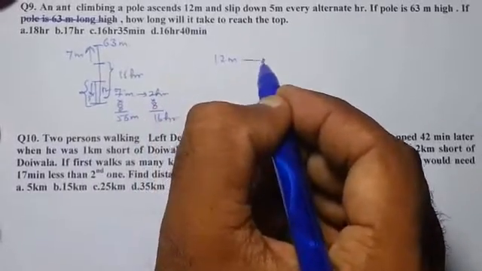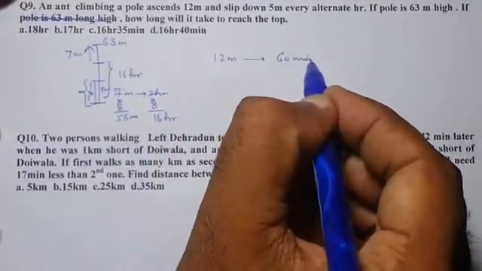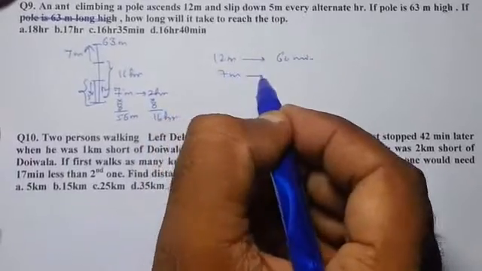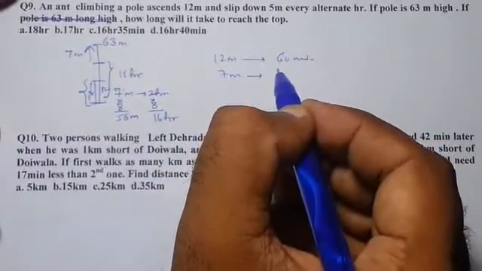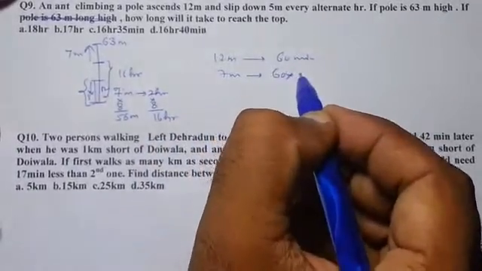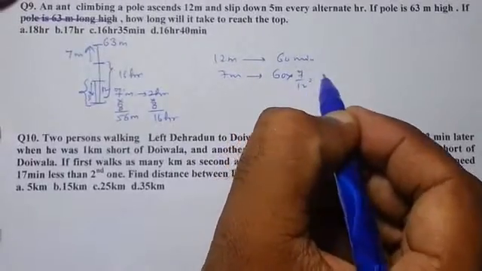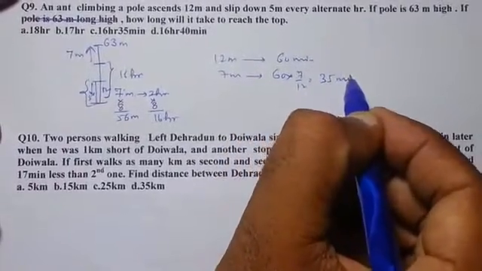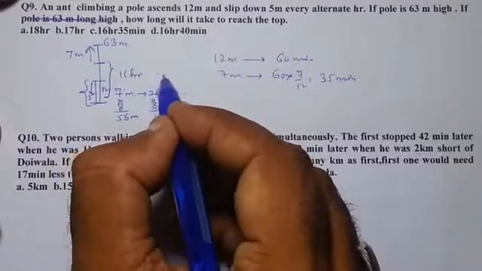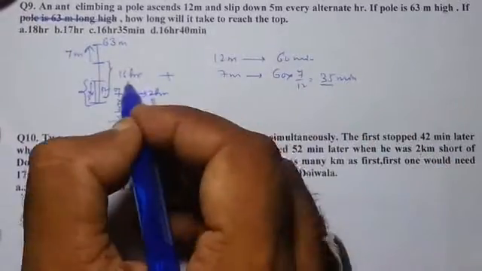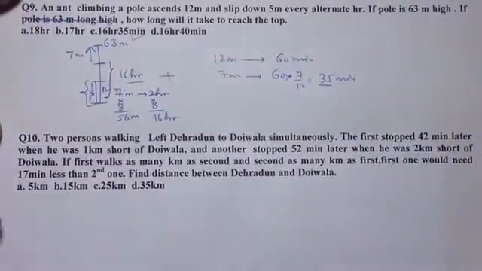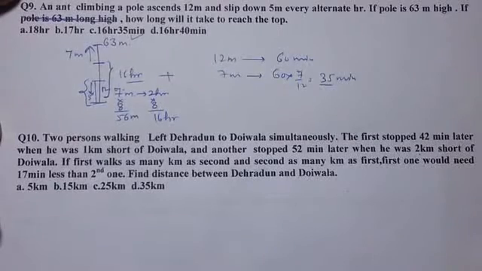So 12 meters in 1 hour or 60 minutes. So 7 meters in how many minutes? It will be in less minutes, so we'll have a fraction, 7 upon 12, and it goes in 35 minutes. So the total time taken is 16 hours plus 35 minutes. So it is 16 hours, 35 minutes. That is the solution. It is simply easy.